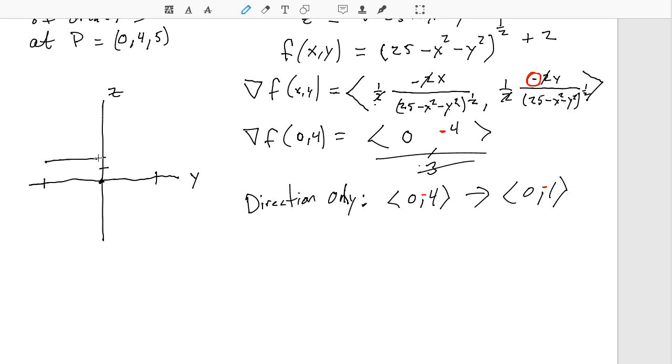So I have something that looks like this, and our point is 0, 4. So 4 is about here. That point is 0, 4, 5.